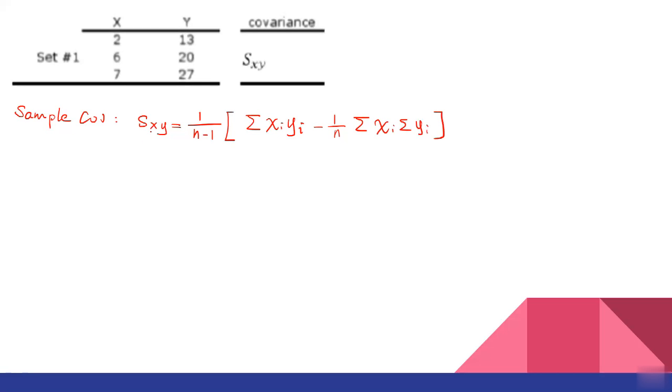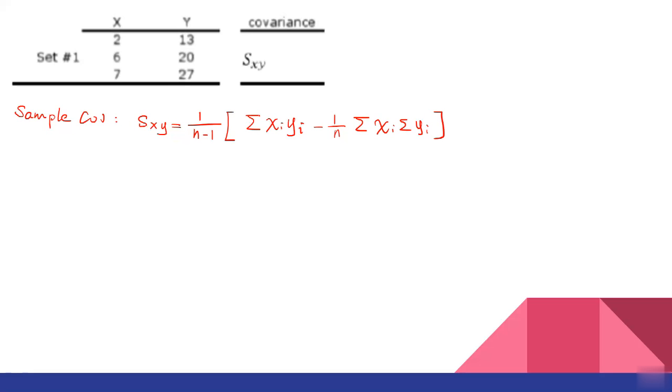Okay, sample covariance, let's recall the formula, which is SXY. Okay, SXY equals 1 over n minus 1 times two parts, right? First part is the sum of the product of x and y minus 1 over small n times the sum of x times the sum of y, right?